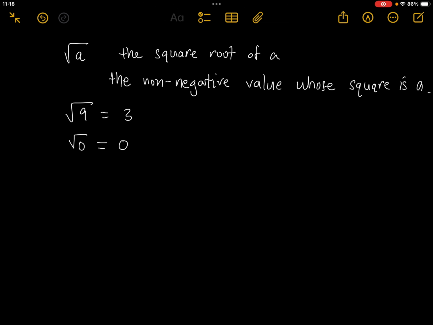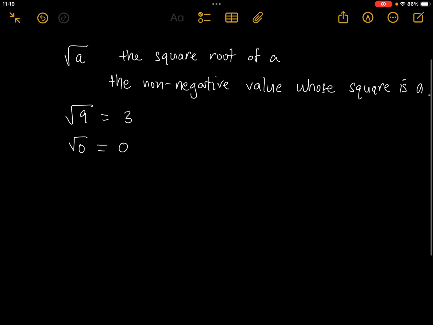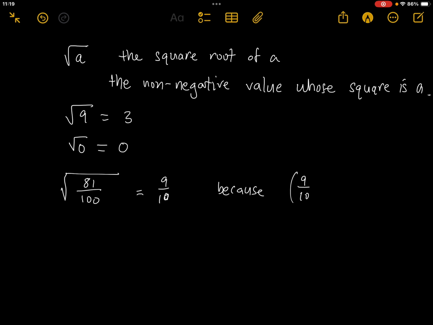And in the last video, we ended by talking about square roots of fractions. So if you had something like the square root of 81 over 100, that is going to equal 9 over 10, because first of all, 9 over 10 is positive, and if you square it, you get 9 over 10 times 9 over 10.